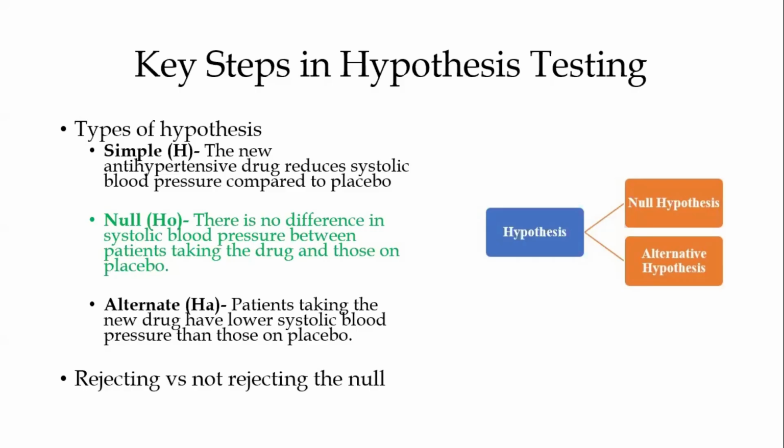Today we'll just focus on null hypothesis significance testing. So at the end of it all, if indeed we find that there was a significant difference between placebo and the new antihypertensive drug, then we will reject that null hypothesis. If we find that there is actually no difference, then we will not reject the null hypothesis and the null hypothesis will stand. So that's another distinction I want us to get from the very beginning. We don't accept the null hypothesis, we fail to reject the null hypothesis.